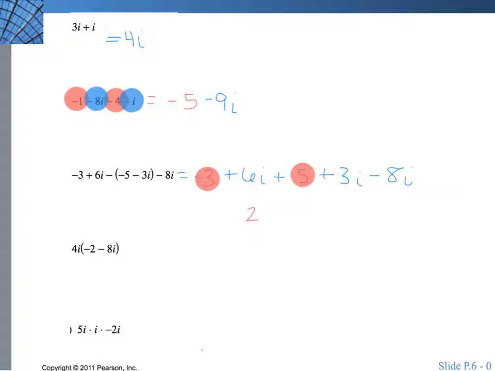And I have a 6i, a 3i, and a -8i. And let's see, 6 plus 3, that's 9. 9 minus 8 is 1. So 2 plus i, if I did my math right, there is my answer for that one. Go ahead and push pause and work on those bottom two and see what you think. Share them with someone around you.